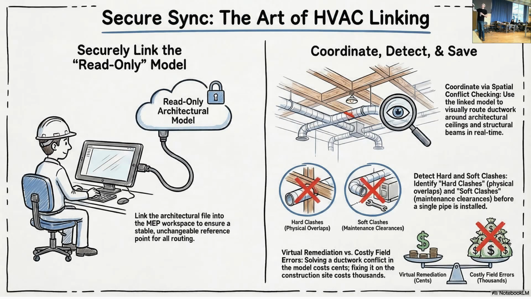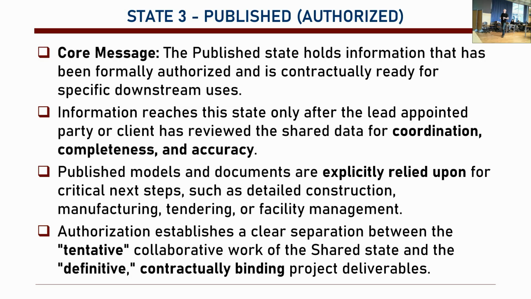The MEP engineer uses the read model, and then in that model, they basically say that, well, we have a pipe going through here, well, we have a soft clash because we cannot make maintenance here, it's too tight, etc. Okay, so they basically check for everything. As a result, of course, we coordinate, we detect problems, then we save money in the future because once we make these corrections at the design stage, we won't have any problems.